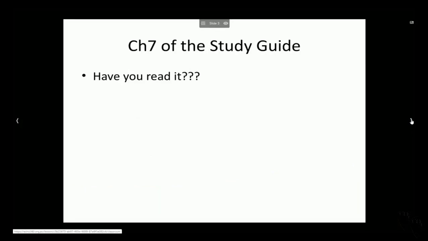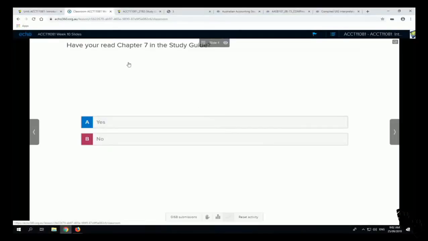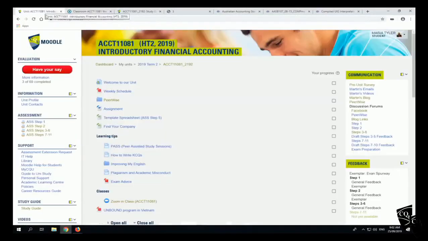Okay, so this is your first interactive question. Tell me if you've read Chapter 7 of the study guide. It doesn't matter if you've read it or you haven't. I just want to gauge how deep I need to get into the study guide in the lecture. So if you can click to the next slide. Have you read Chapter 7 in the study guide? I'll just show you on our unit page.